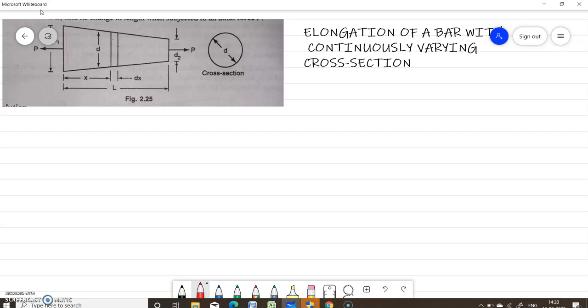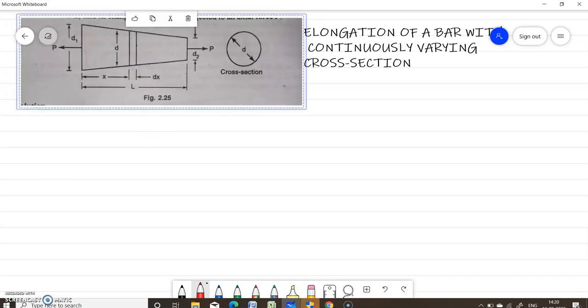Now here you are given a uniformly tapering rod. So first of all, let us write the change in diameter in length L. The initial or larger diameter is given as D1, and the smaller diameter is given as D2.